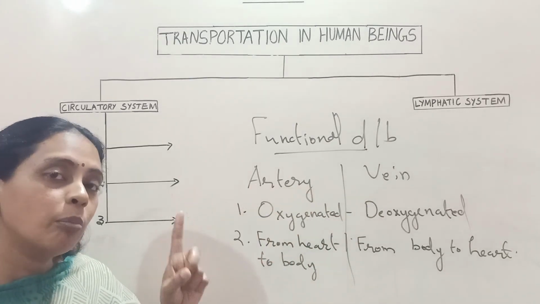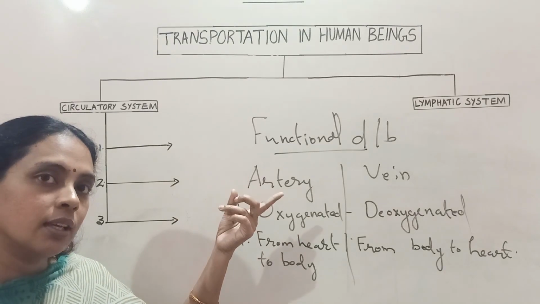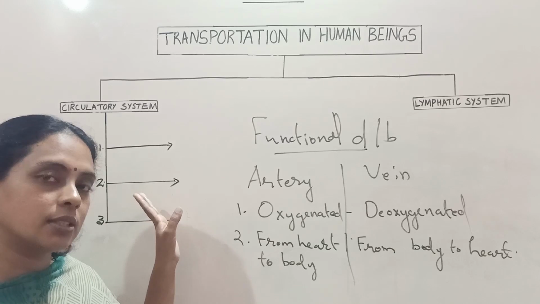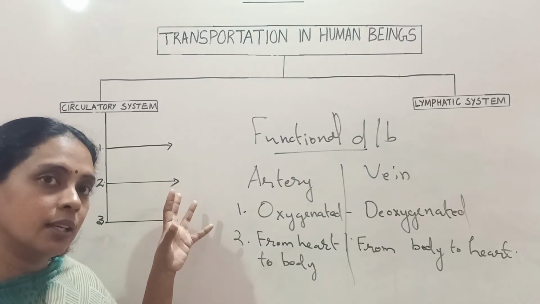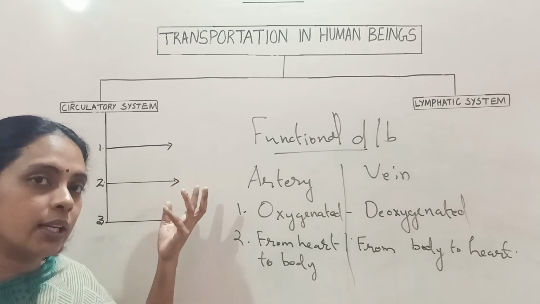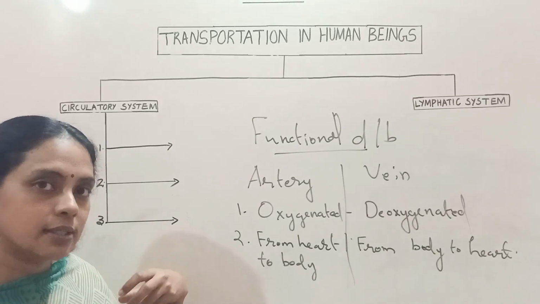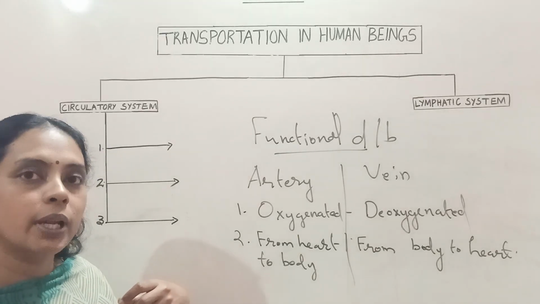And one more structural difference we discussed: valves are present in vein, whereas there are no valves in artery. What is the reason? Artery collects blood directly from the heart. When the heart pumps blood, artery receives it, so there is no chance of backflow of blood.